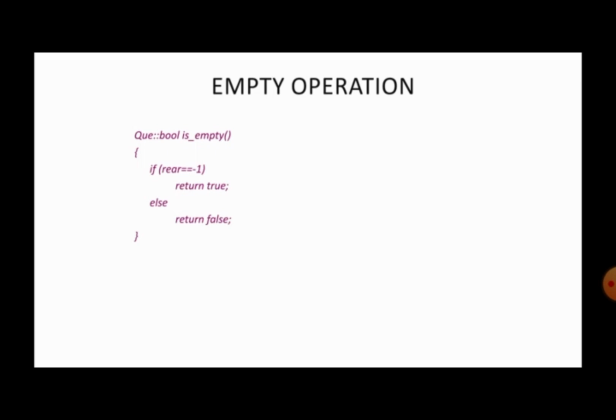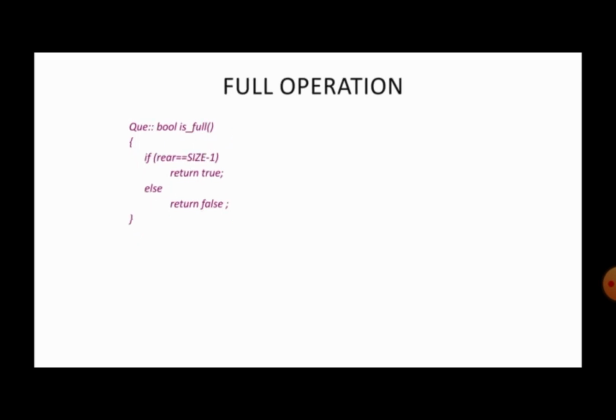If rear is equal to -1, that means the queue is empty. So we return true in case the if condition is true, and return false in case the if condition is not true.